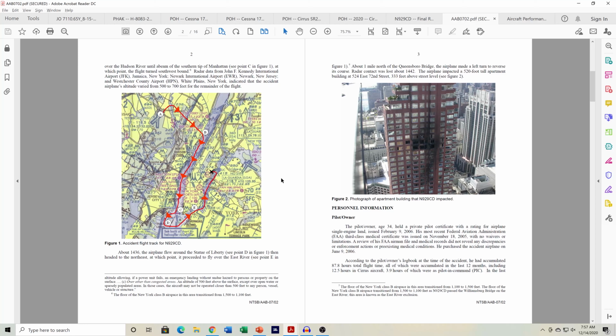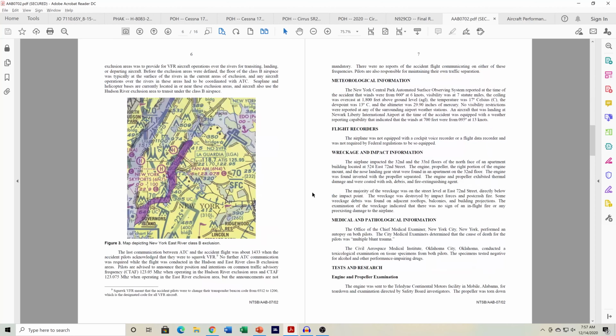So that was the plan. Basically, they didn't make the 180-degree turn tight enough based on their starting position, and yes, there was a wind from the east and so on. Okay, and when they in effect overshot what they were hoping to do for the ground track of their turn, they went into some of the upper stories at 300 feet above street level basically and hit the apartment building.